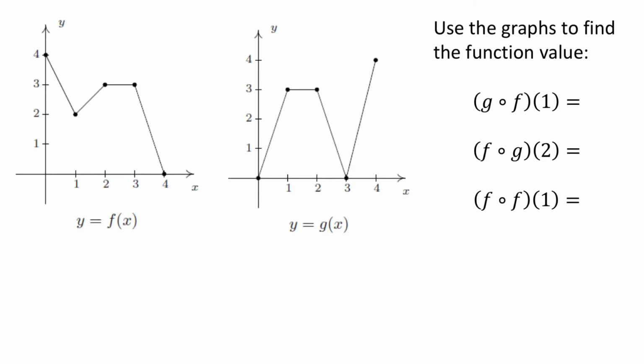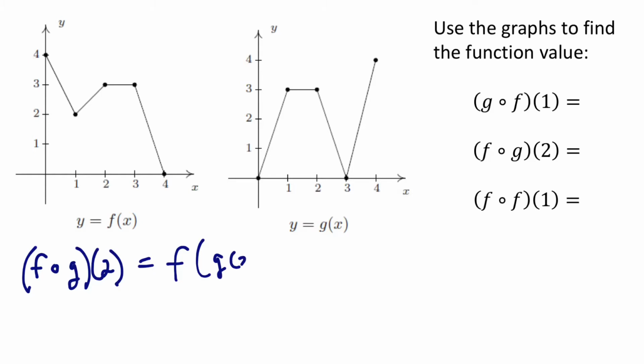So the next one says, find f of g of 2. So that means we need g of 2, the number, to put into the f function. So we look at the g graph first, and the input is x equal to 2.